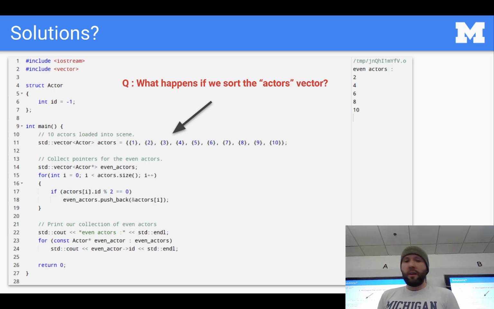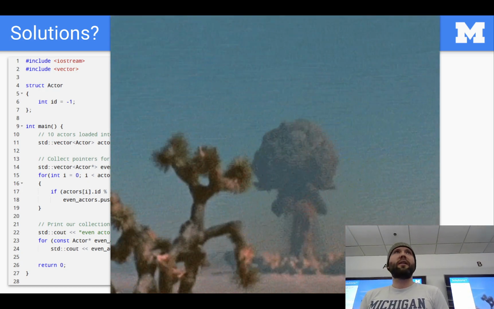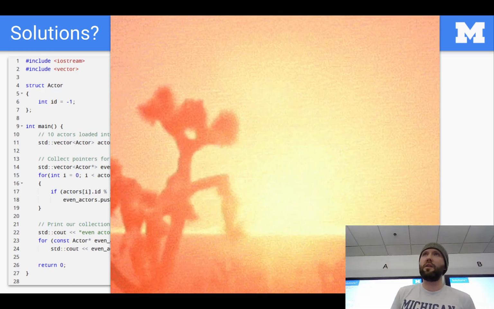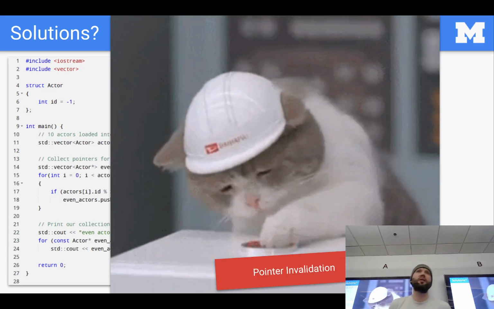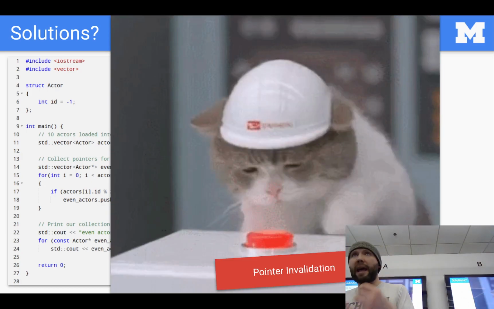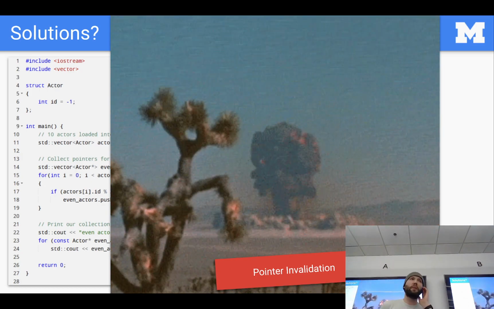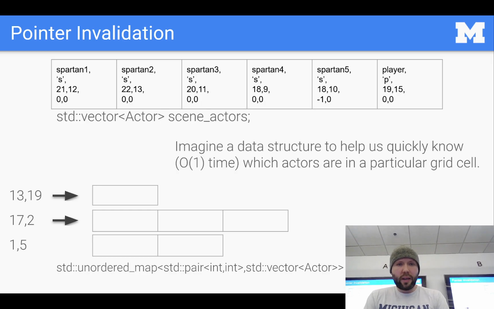But anyway, the whole thing is just completely ruined at that point. If you just add a few more elements, everything is ruined. Pointer invalidation is what has occurred. Your underlying objects have moved from their original memory address, and you're in big trouble now. So you can imagine, right?